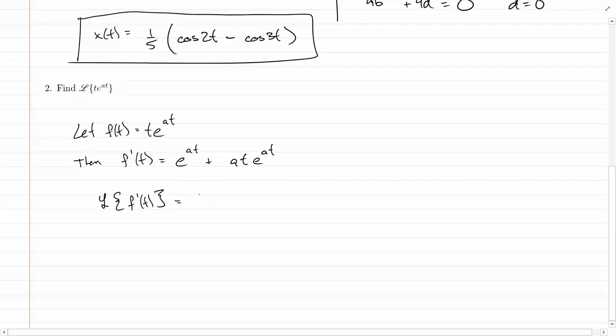is going to be equal to the Laplace transform of e to the at plus, and then remember, the Laplace operator is linear, so it's going to be the Laplace transform of this plus the Laplace transform of this, and here I can factor out the a, so it's going to be a times the Laplace transform of t e to the at.